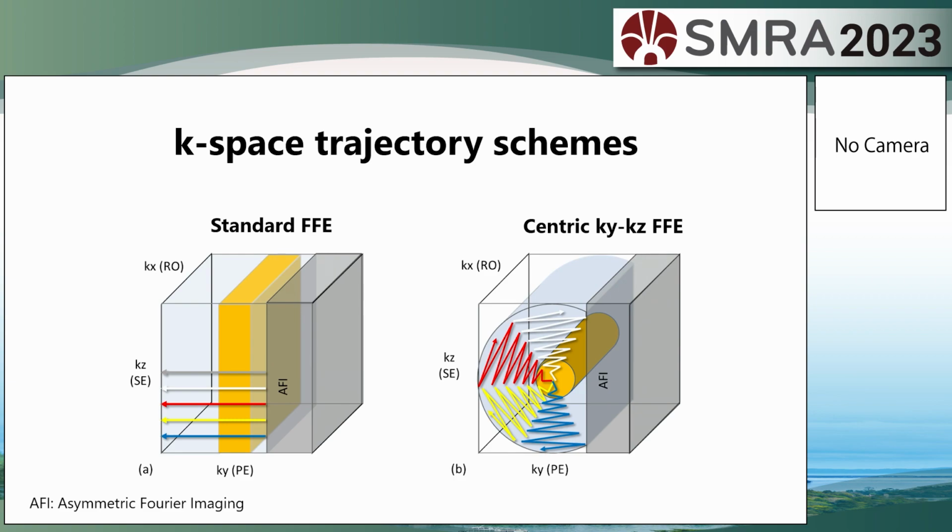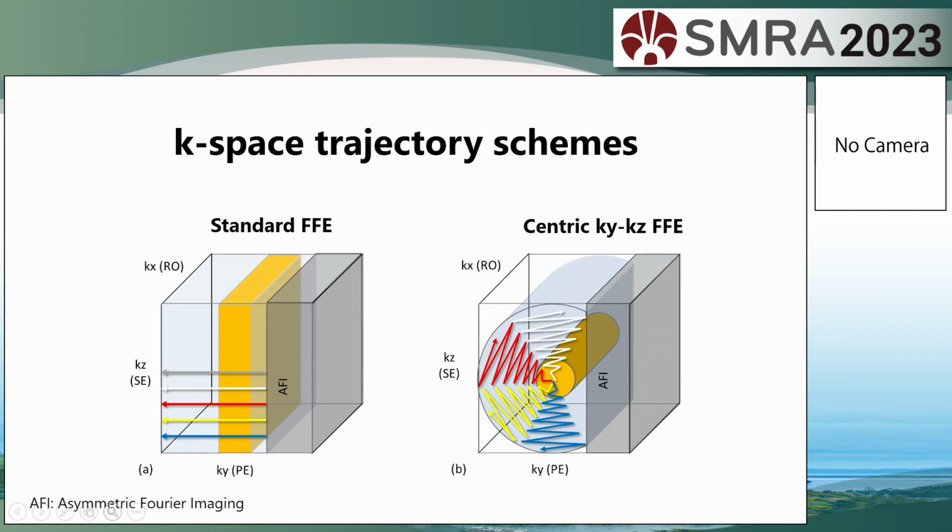These are the k-space trajectory schemes. The standard FFE acquires one slice encoding per TR, whereas this centric KYKZ acquires multiple slice encodings in central KYKZ per TR without collecting the peripheral part of the k-space.